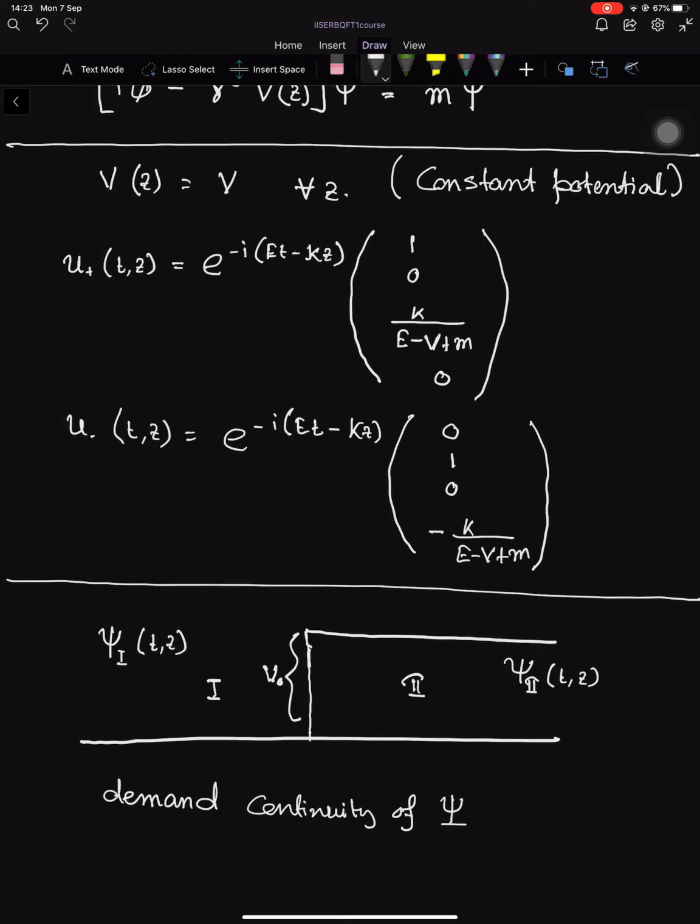This is one important contrast from the Schrodinger and Klein-Gordon equations, which were both second order equations. That's why we have to demand continuity of both the wave function and its first derivative. But the Dirac equation is first order in derivative, so it is good enough to impose continuity just for the wave function.